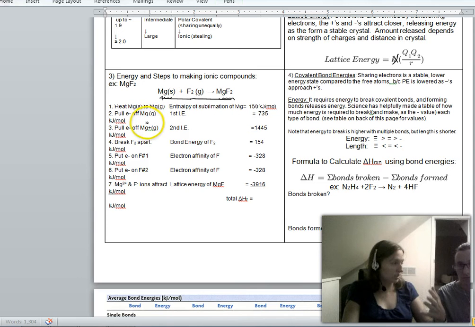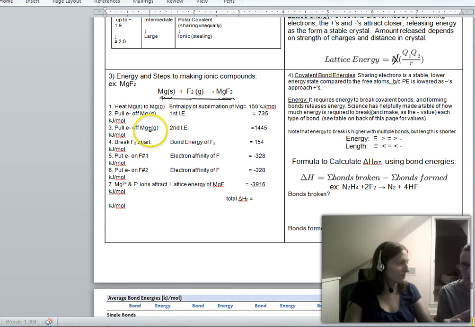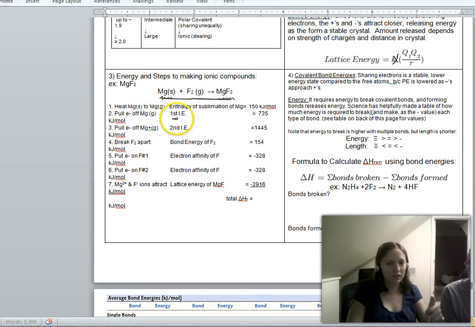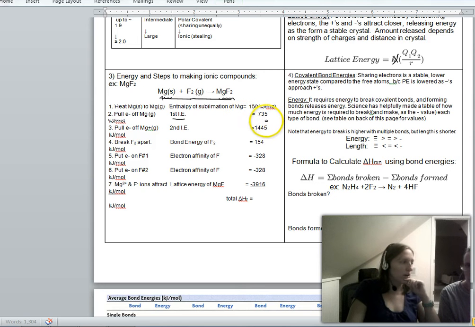The energy required to pull an electron off of something is the ionization energy, and that's written down in a chart. You pull off the first electron, that's the first ionization energy of magnesium, and that is 735 kilojoules. It takes that much energy, it's endothermic, to pull that electron off.